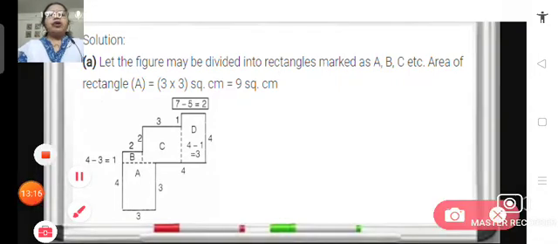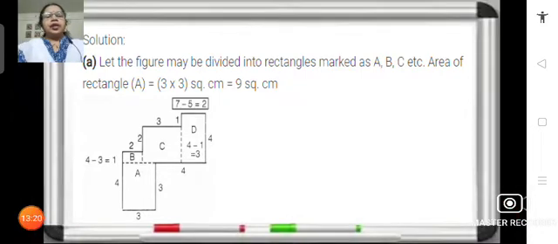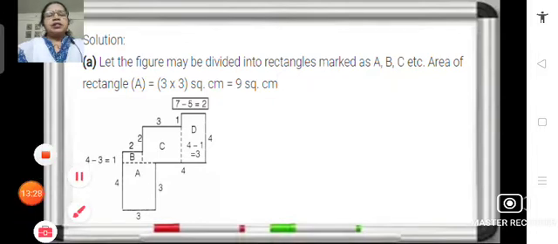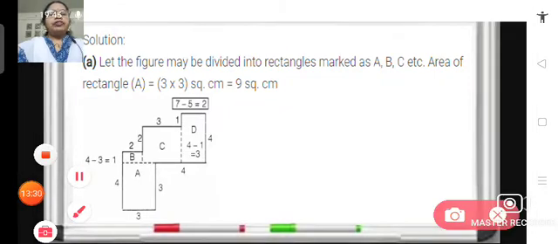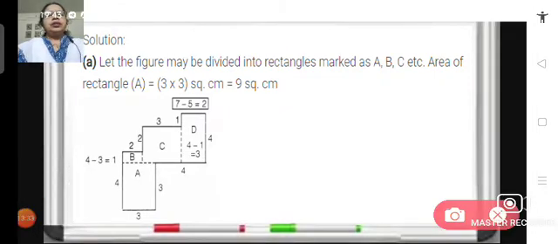We can also find out the area this way. This is another way of finding the area of this figure. You can split the figure into different rectangles in this pattern and find out the areas of different rectangles and total area of the figure. So, here this figure is split like this. So, here we have rectangle A, rectangle B, C and D. So, the area of the rectangle A will be 3 multiplied by 3, 9 square centimeters.